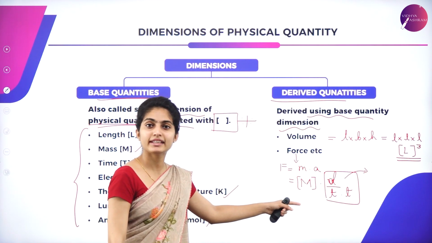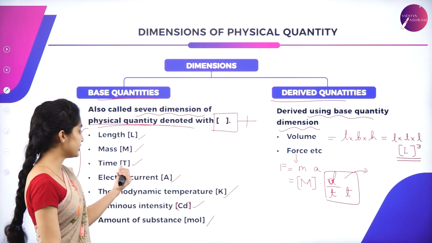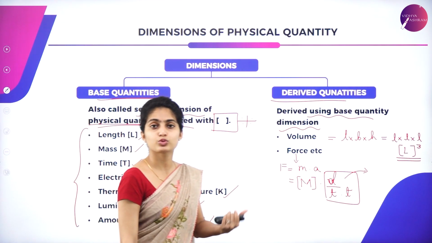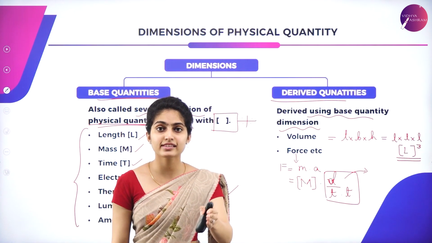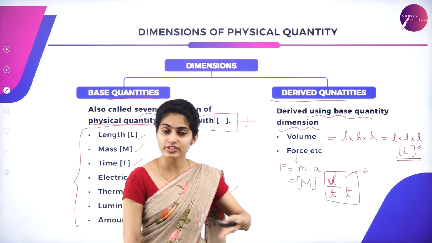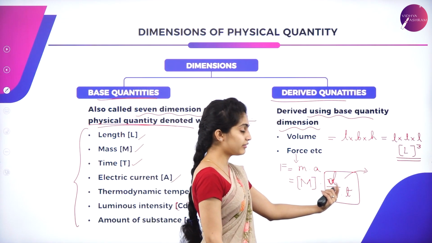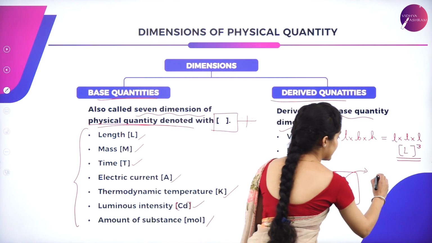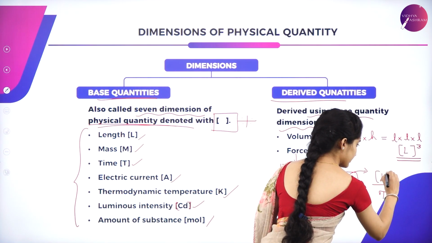D divided by T into T, so T into T. Time is given in terms of capital letter T enclosed within the square bracket, and D is nothing but distance. Distance is calculated with the help of length, so it will be L. So my dimension formula D divided by T square goes like L divided by T square.